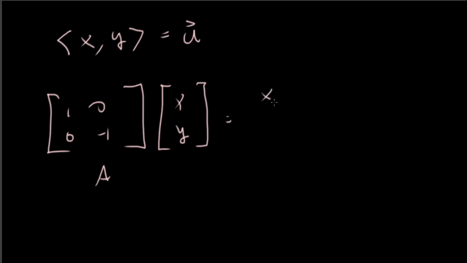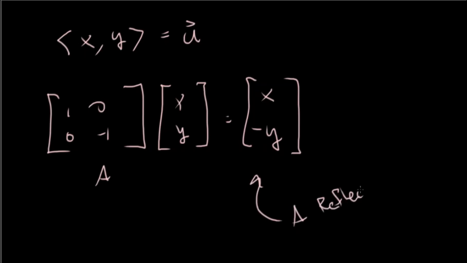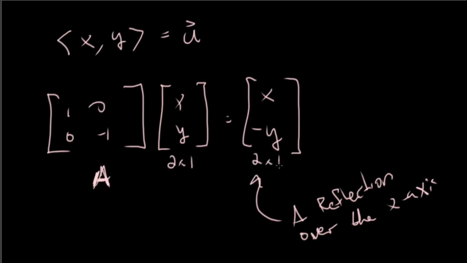Just doing this out, I'm going to get x comma -y, which, if you remember from geometry, is a reflection over the x-axis. So this, in fact, does have that property. A takes in a 2 by 1 matrix and spits out the 2 by 1 matrix that is a reflection over the x-axis. Cool. So we are looking at matrices as functions, specifically transformational functions.